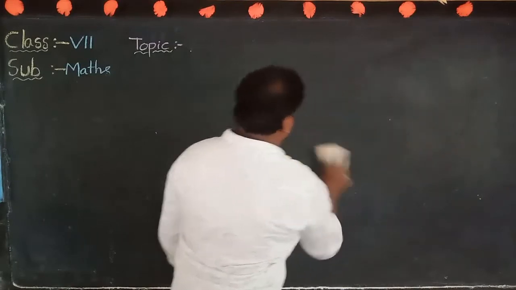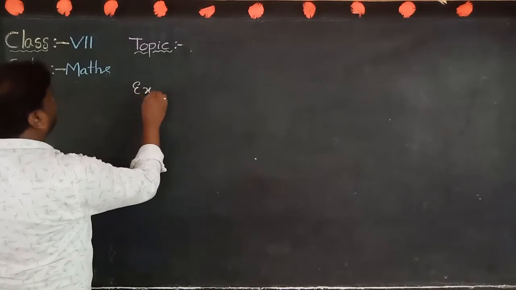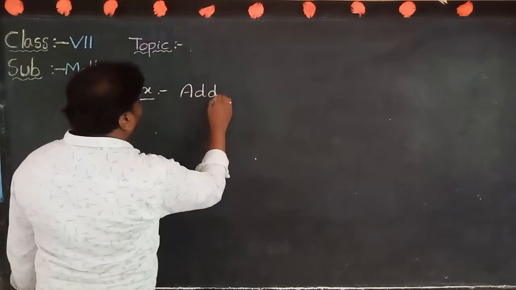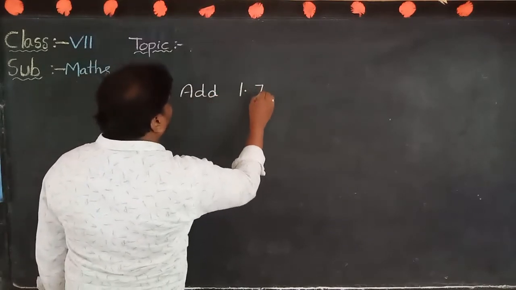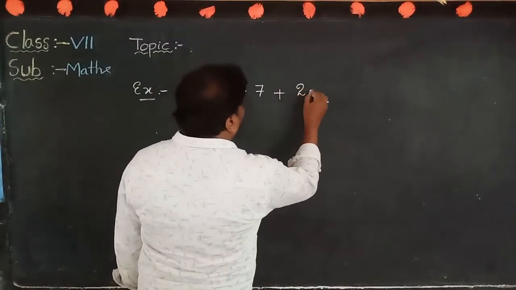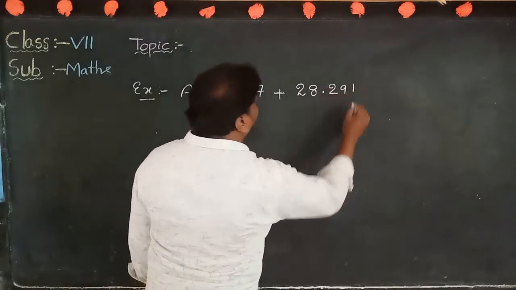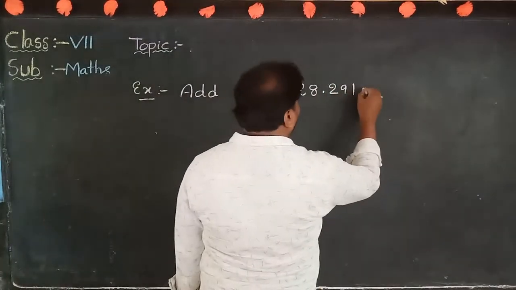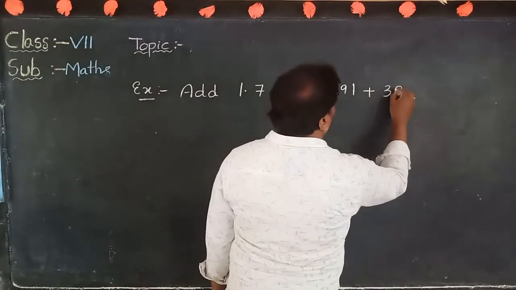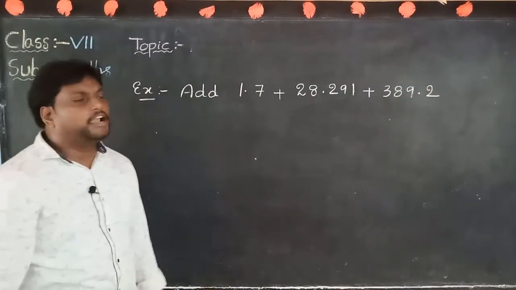Next we'll take some more examples. Now we'll take 3 numbers. Add 1.7, 28.291 plus 389.2.